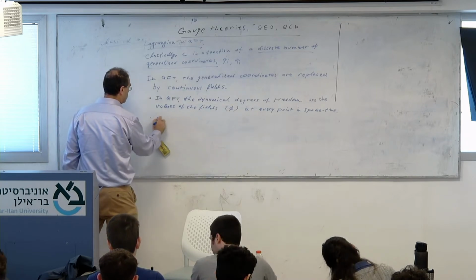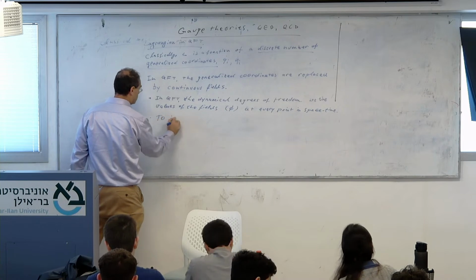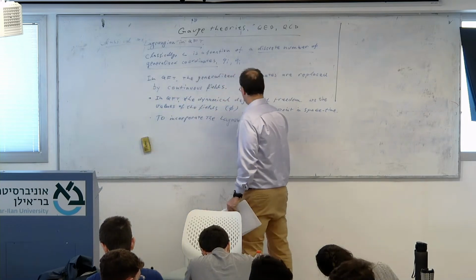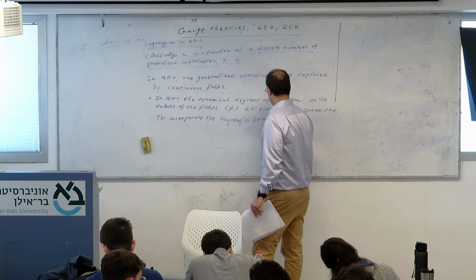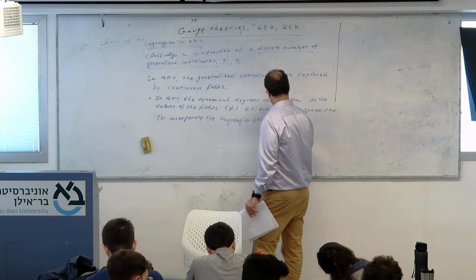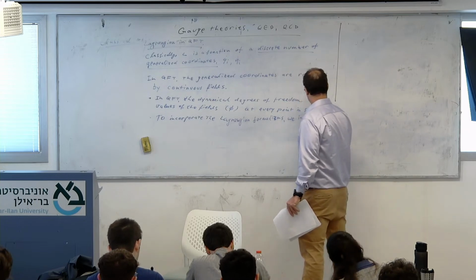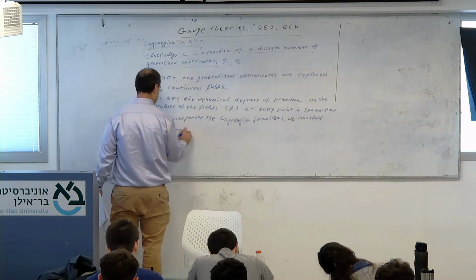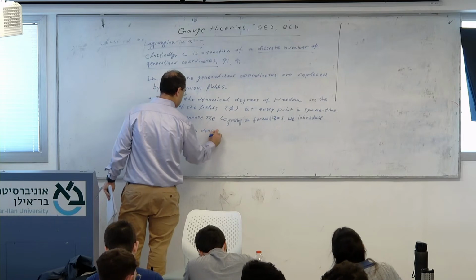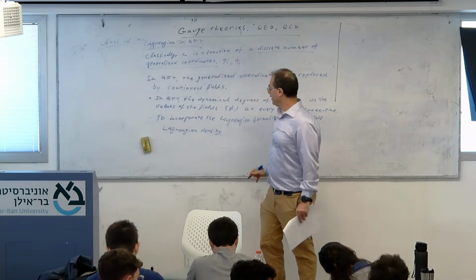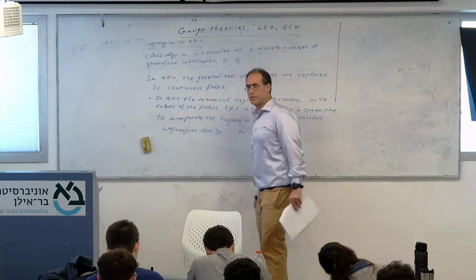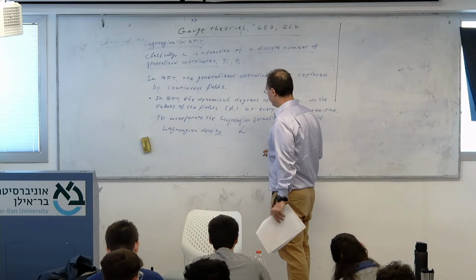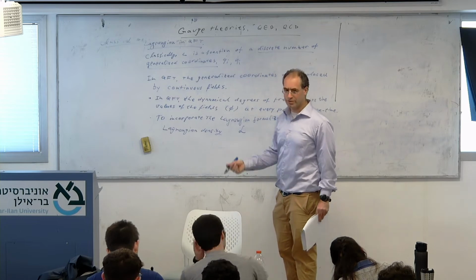To incorporate the Lagrangian formalism, we introduce what's known as the Lagrangian density, which is denoted with a curly L. Of course this is going to be a function of the fields and of their first derivatives.